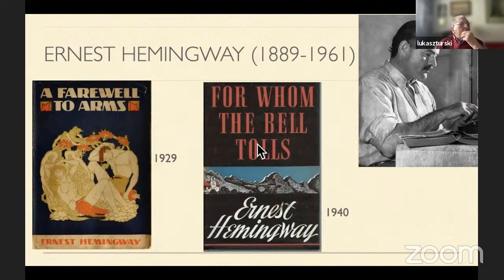story about the American Robert Jordan, who is an expert in explosives, and he is fighting with a group of pro-government partisans in Spain.